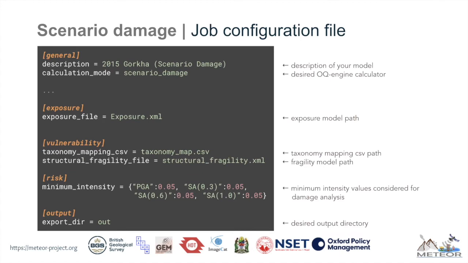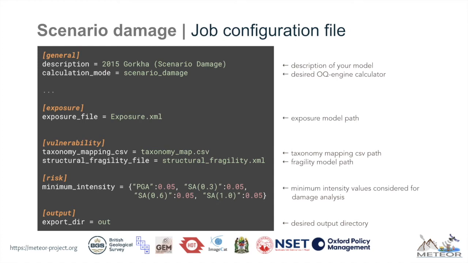Here's an example of the scenario damage job configuration file. As before, we have a description, which will be helpful to us when we're looking at our outputs and want to identify which run is which. In this case, we're changing our calculation mode from scenario to scenario_damage.